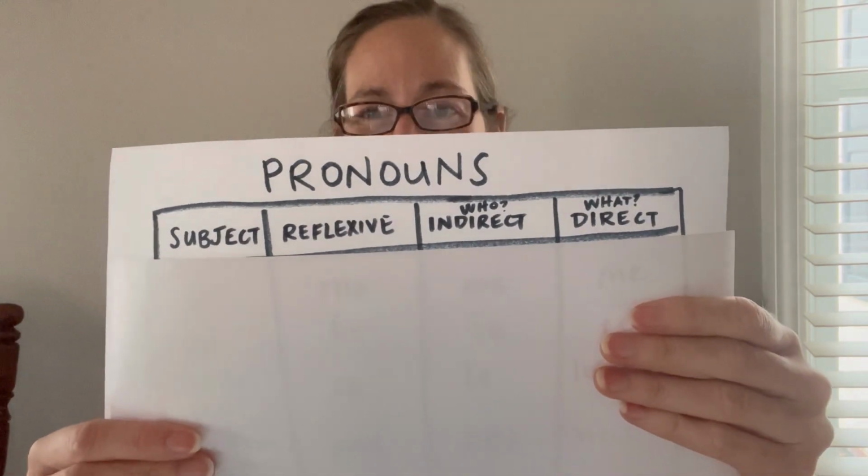You're gonna make this box as it is in the photo, and you're gonna have subject written at the top. One of the spaces, then you're gonna have reflexive, and then you're gonna have indirect, and then you're gonna have direct. So it should kind of look like that, all right?